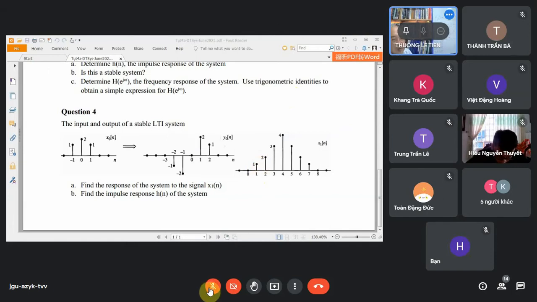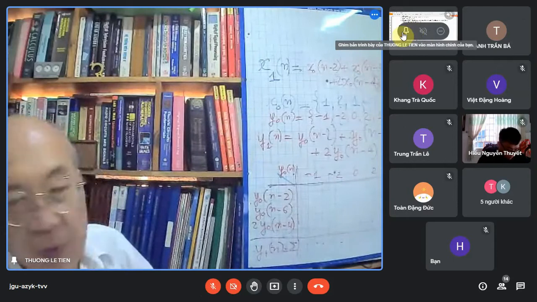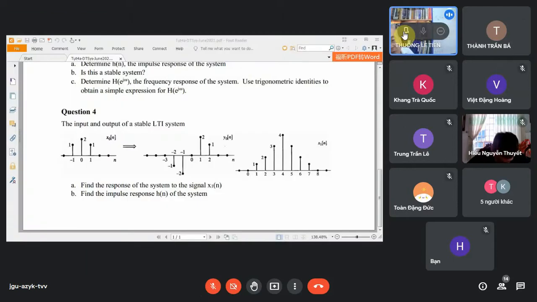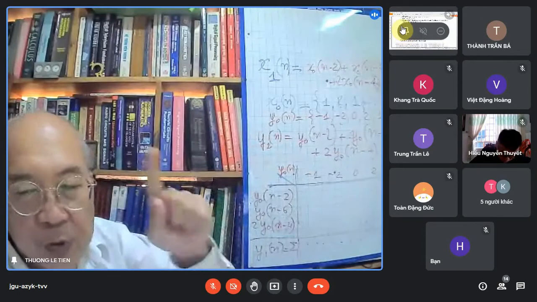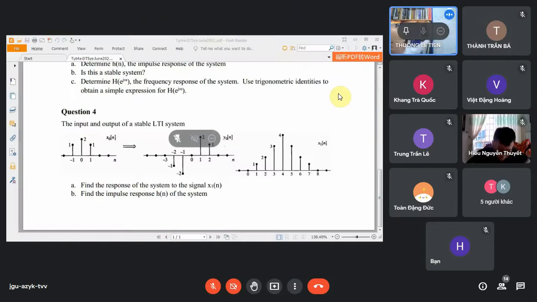When we know the length of the output and the length of the input, what should the length of the impulse response be? It should be 3, yeah? The length is 3, so the input is length 3, and 3 plus 3 minus 1 gives the length of the output, 5.